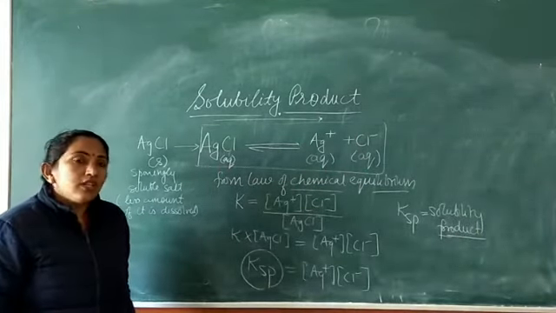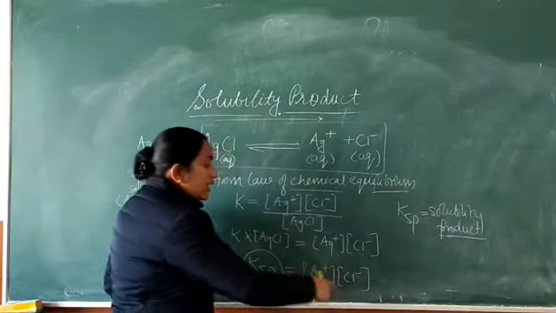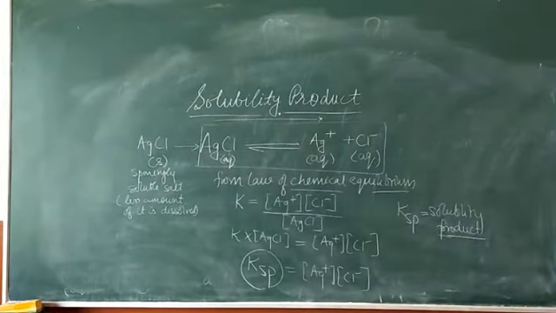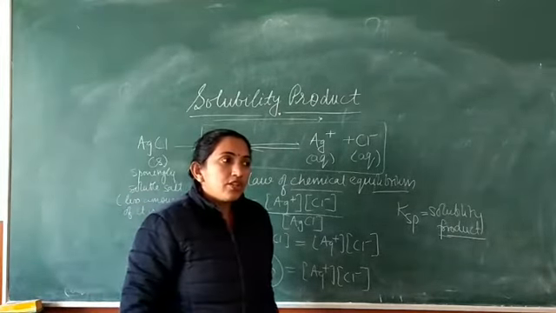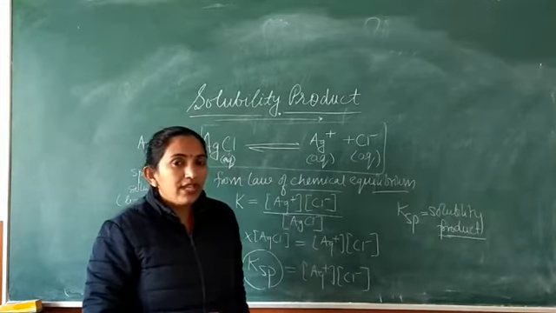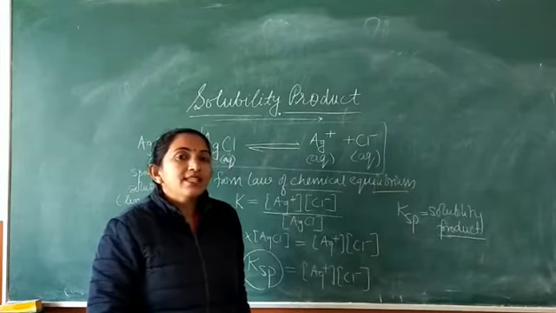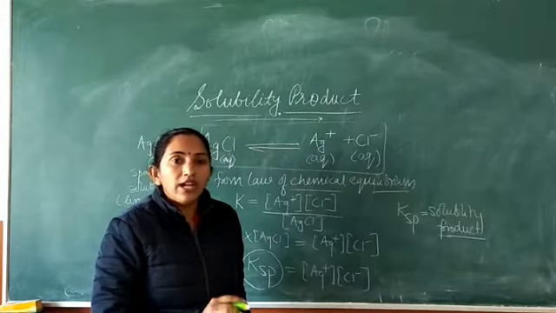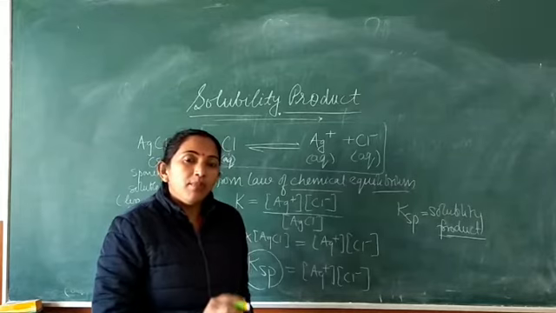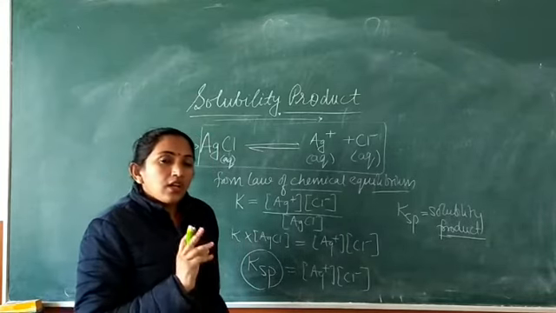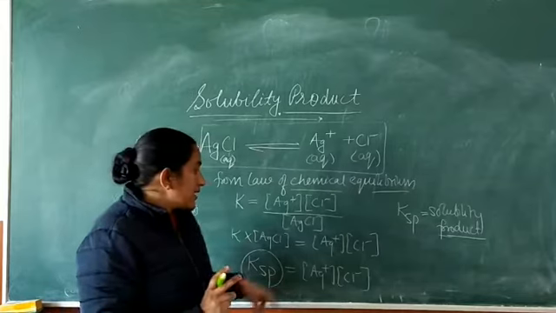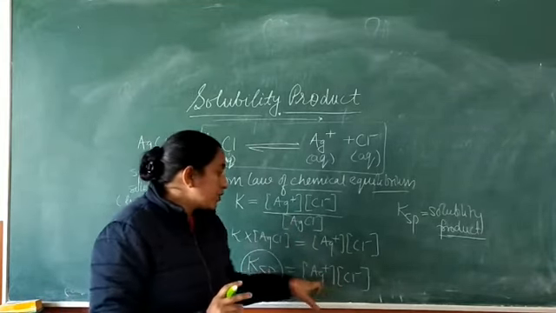At a given temperature, for the saturated solution of an electrolyte, a sparingly soluble salt, it is the product of the molar concentrations of the ions formed per molecule of the electrolyte. So if one molecule of an electrolyte gives two ions, it will be the product of the two ions only.